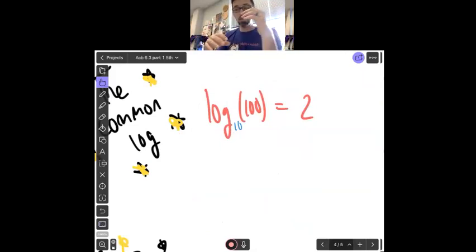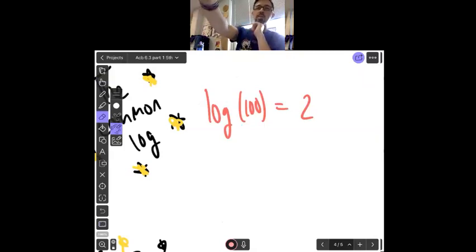So how do I read this? Something I want you to think about, when you have an equation, especially like this, what I think would really help you is that you cover up that 2. I'm taking that 2 and covering it up. I can't see it. I'm just looking at the left side of the equal sign, and I'm saying, what does that mean? I see log, and how I read it, log of 100. What does log of 100 mean? It means 10 to the what is 100.